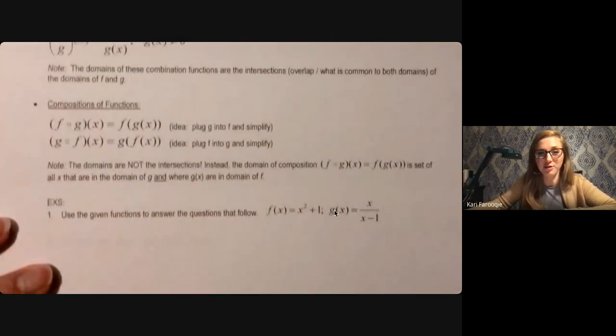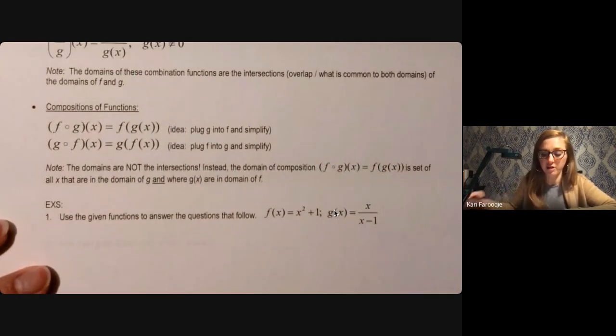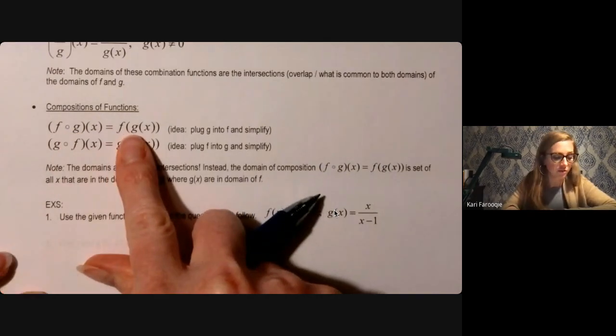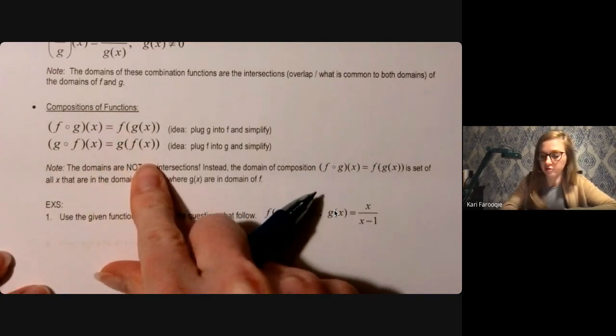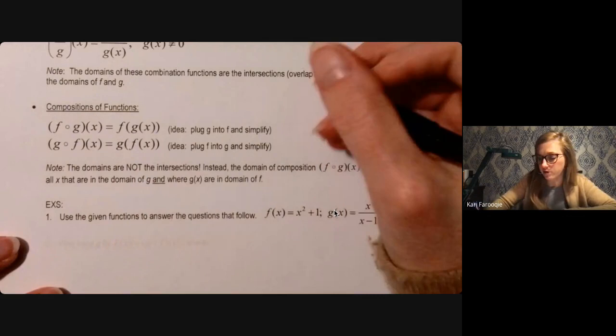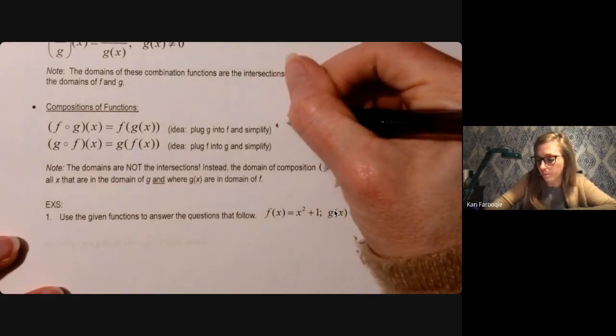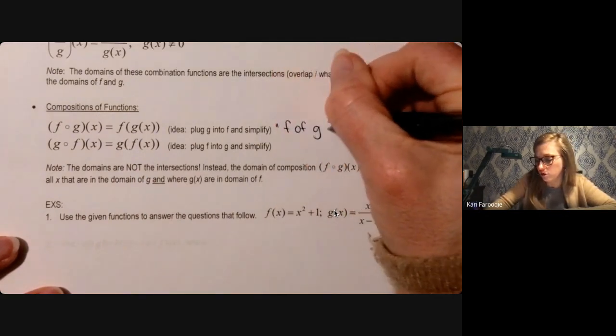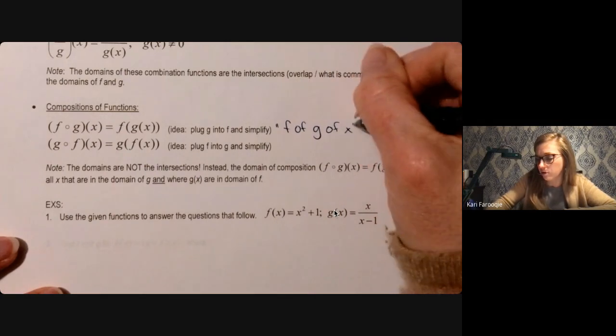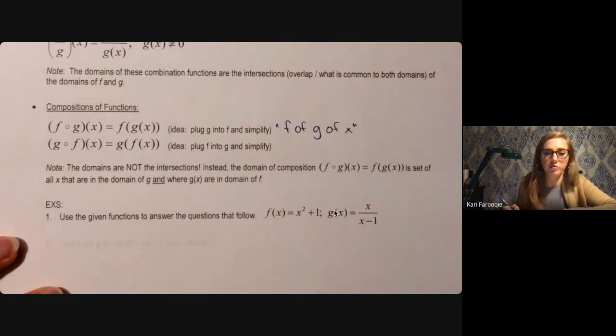You call it whatever you want, but I always end up rewriting these composite functions as f of g of x or g of f of x. So the way that we would write this in English words would just be f of g of x. So instead of just evaluating a function at a numerical value, you're evaluating it at another function.